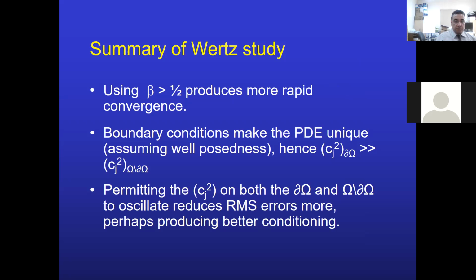If you permit the shape parameters on the boundary and the interior to be different, you can reduce the RMS errors even more and get better conditioning. Next slide.